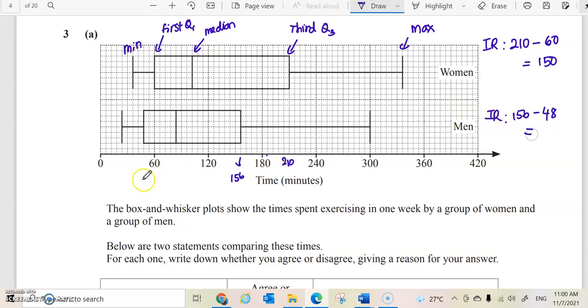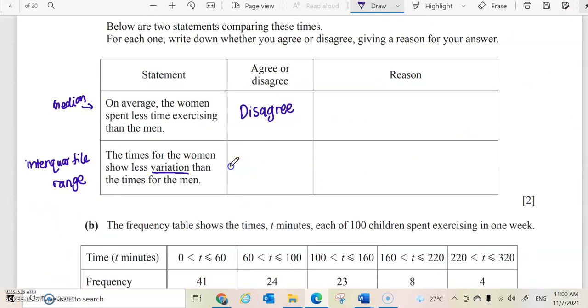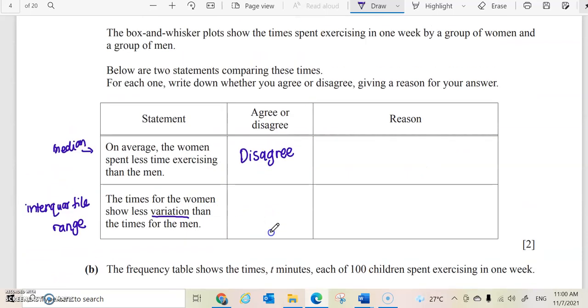Okay, ni nak cari, kena ingat balik lah macam mana nak cari value ni, tengok dia punya scale kat sini. So 156 minus 48, so the interquartile range for men is 108. So, means that variation for women is greater than variation for men.